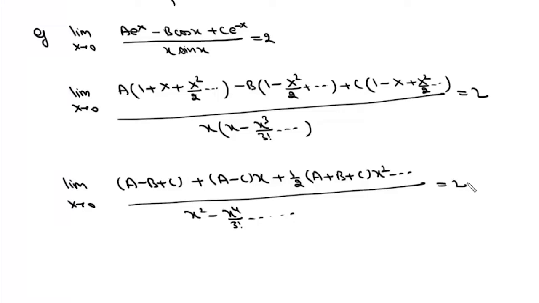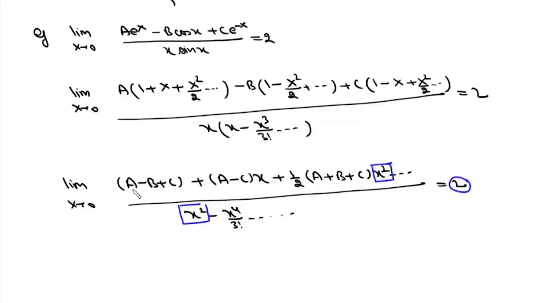Now answer to this limit is 2, which is non-zero finite, and it can be non-zero finite only if minimum power of x in the numerator is same as minimum power of x in the denominator. Now minimum power of x in the denominator is 2. That means minimum power of x in the numerator should also be 2.